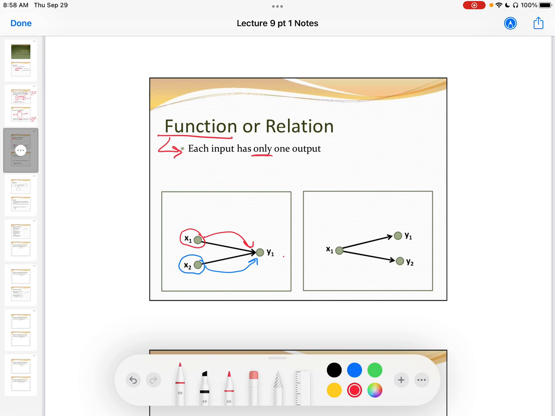Yes, they're the same, but it only has one. So this is an example of a function. However, when I look at this x here, this x has an output of y sub 1. That same x has an output of y sub 2. So this input here does not have only one output. It has two. So this is an example of a relation. And it's important to be able to look at these mappings, look at tables, and be able to identify which of these are functions and which of these are relations.